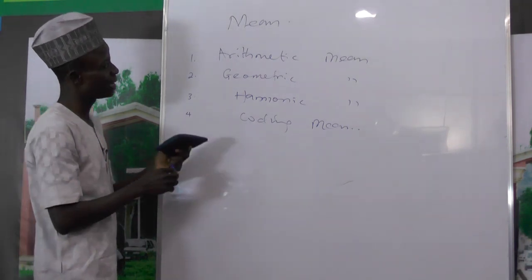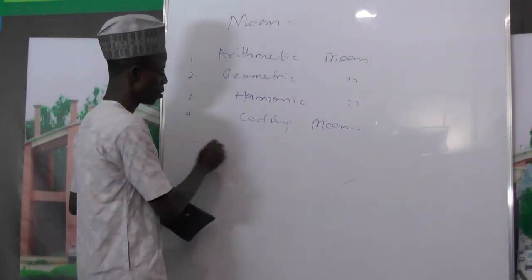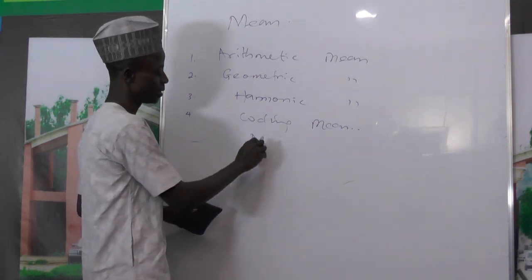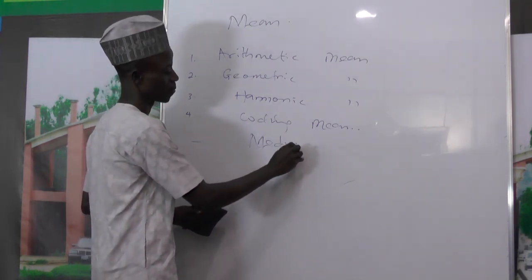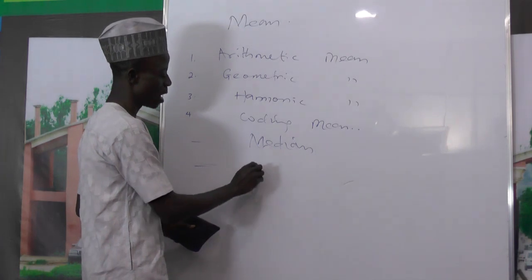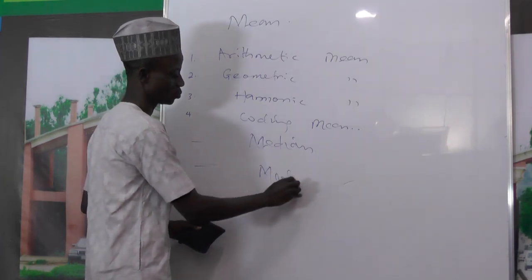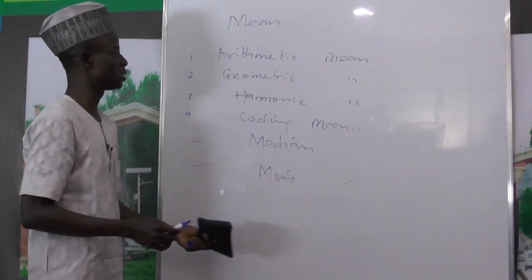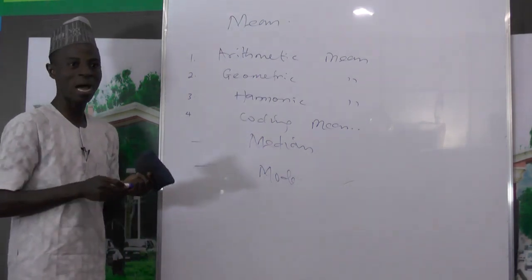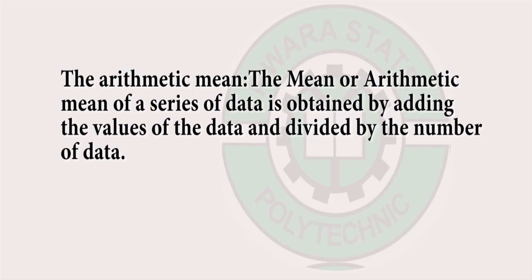Then after the mean we have what we call the median, and then we have the mode. To start with, we start with our arithmetic mean. What the arithmetic mean does is just to add the set of values that we have together and divide by the number of data we have in that data set.